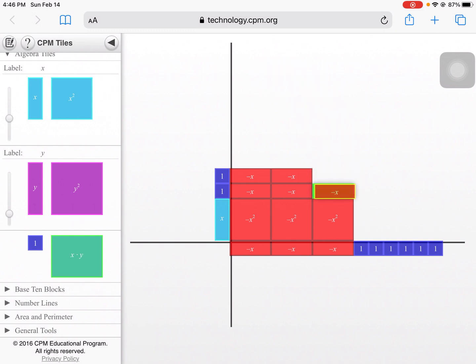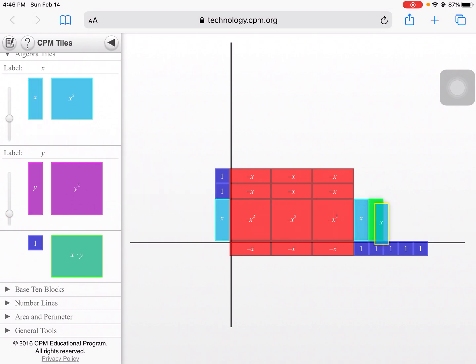So it's negative 3x's times positive 2. Let's see. So then the next one, we want to do x times these positives. So these are all positive x terms, and there's 5 of them. Wasn't it 5?